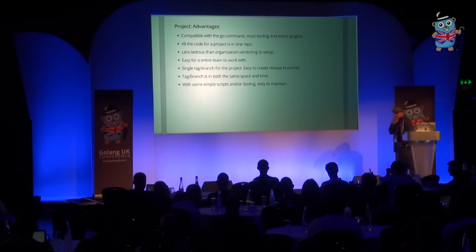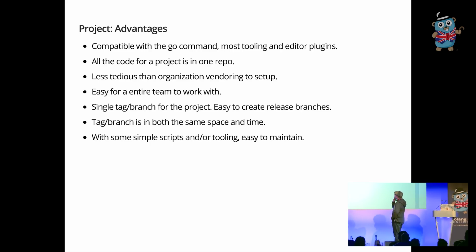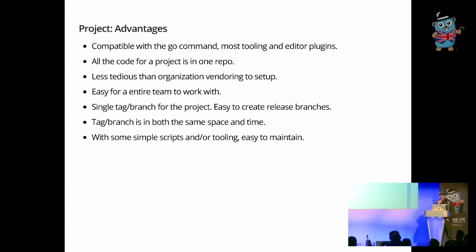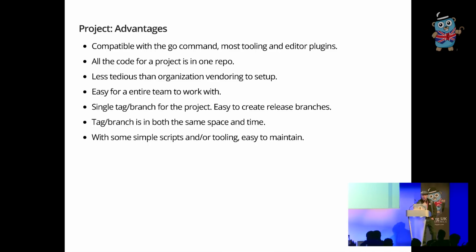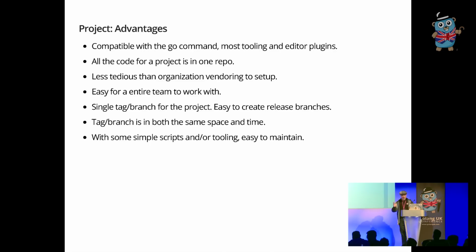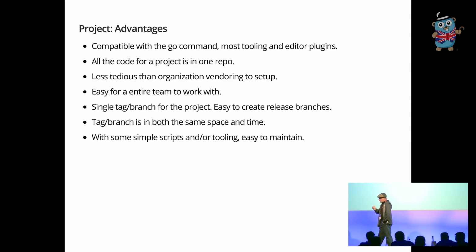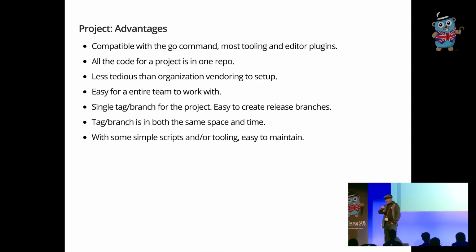But there's a lot of advantages as well. I still have a lot of compatibility with the Go commands. Most of the tooling, the editor plugins are all working. All the code is in that one repo. I mean, this is so much easier to set up and manage than that other solution, that organizational vendoring. The entire team doesn't have a problem with it. And now what's really nice is when I tag this, it's all now in that same space and time.